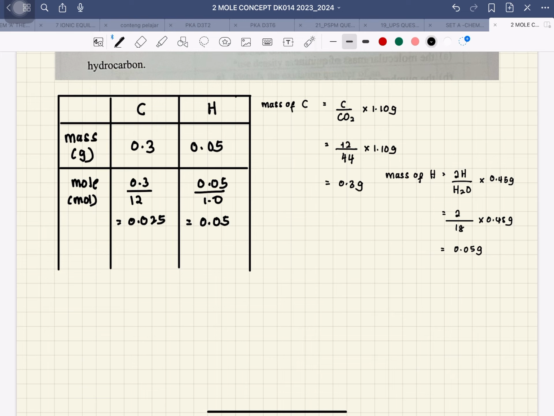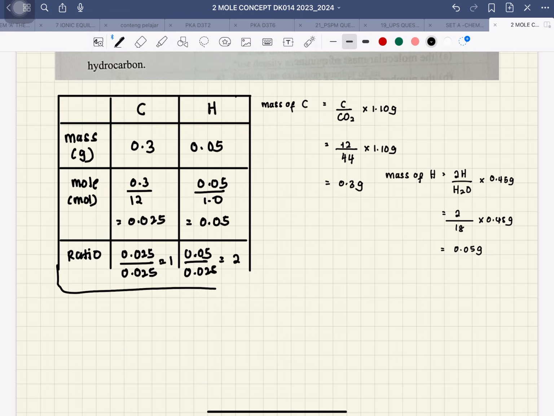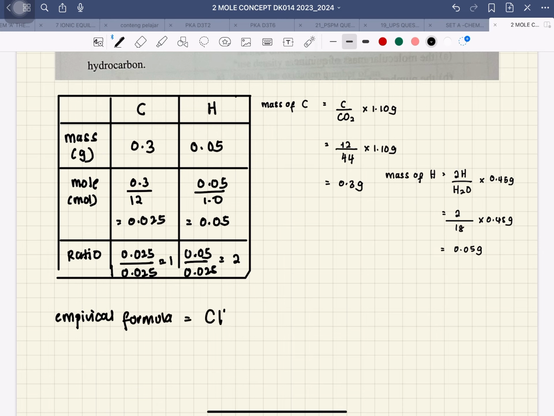Okay, so when it comes to ratio, 0.025 over 0.025, 0.05 over 0.025. So this one we're going to get 1, this one we're going to get 2. Therefore, our empirical formula is CH2.